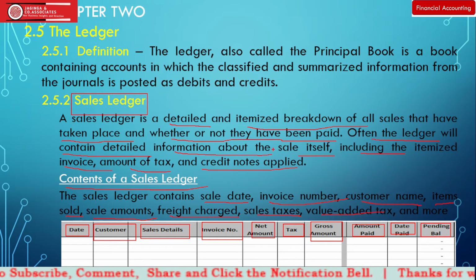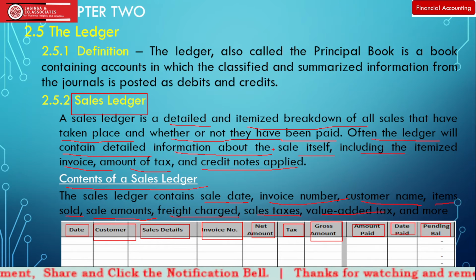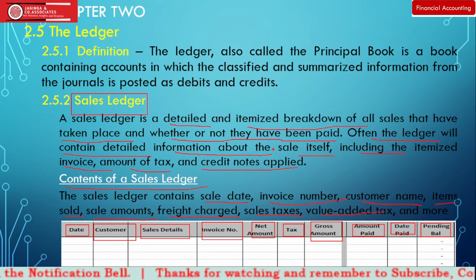And then if we've given credit notes to our customers, we'll also record that in our sales ledger. If there are some discount allowed, like cash discount, we need to capture that in our sales ledger. So the sales ledger is an itemized breakdown of all sales that have taken place and whether or not they have been paid.